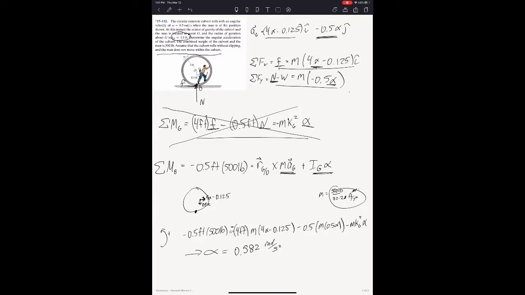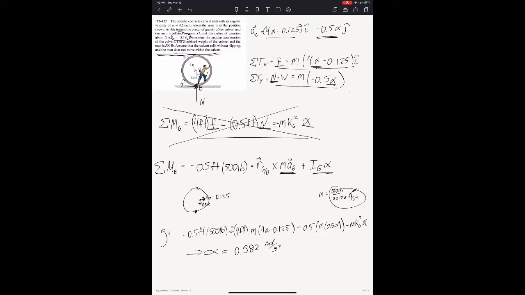If he does not move, as the problem states, within the culvert, then he is a part of the rigid body. That's what we're claiming. And we can treat this as one object and use rigid body motion. If he is moving with respect to the culvert, then we need to treat it as two bodies and think about the forces that he is exerting on the culvert and solve the problem that way. That problem's a little different. It's not so bad. We just have to figure out how he's pushing on things.